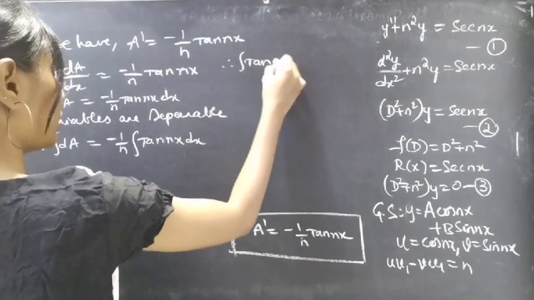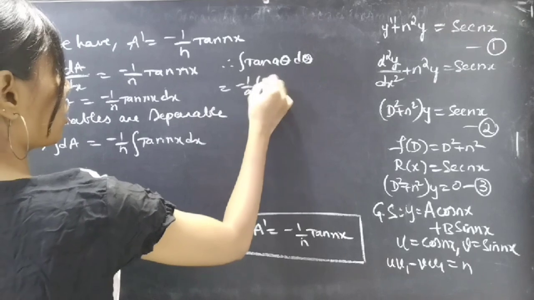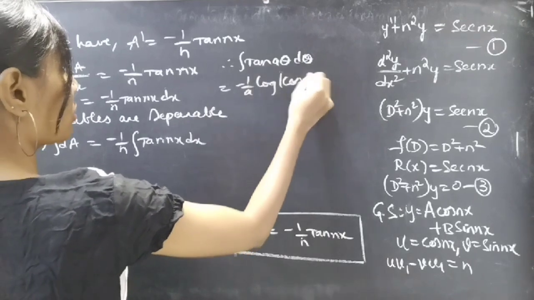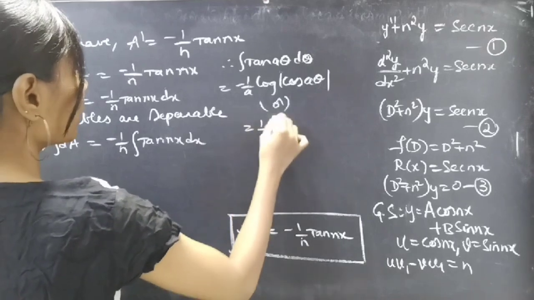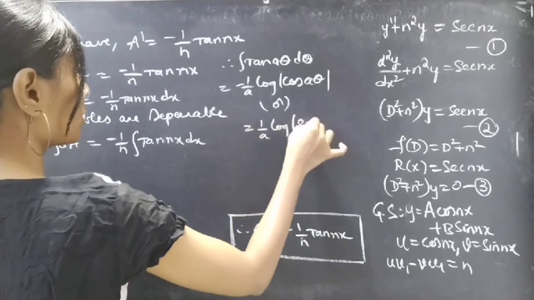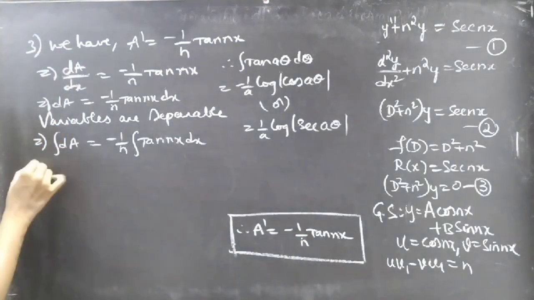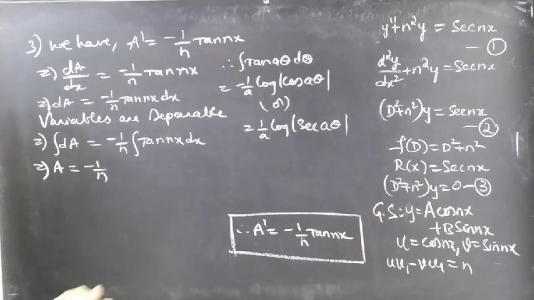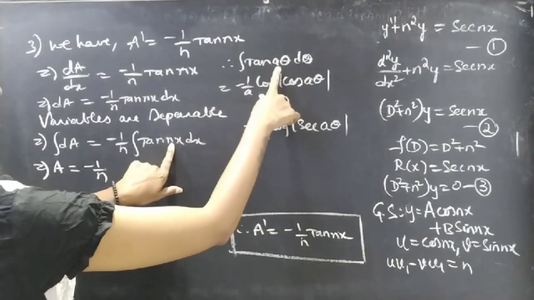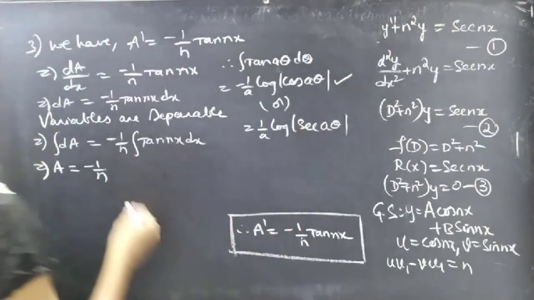integral tan a theta d theta equals minus 1 by a log mod cos a theta, or 1 by a log mod secant a theta. This gives us a equal to minus 1 by n. For a equal to n, I'm going to use the first one.